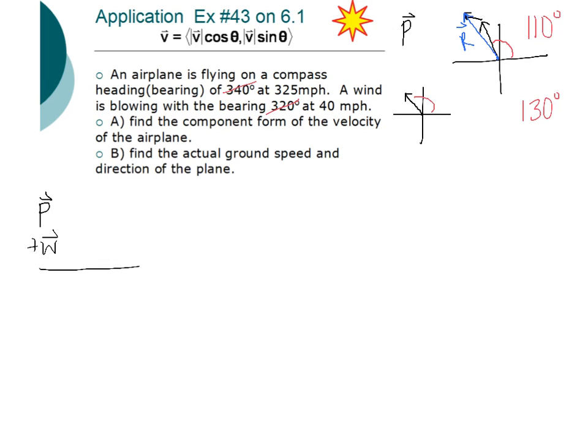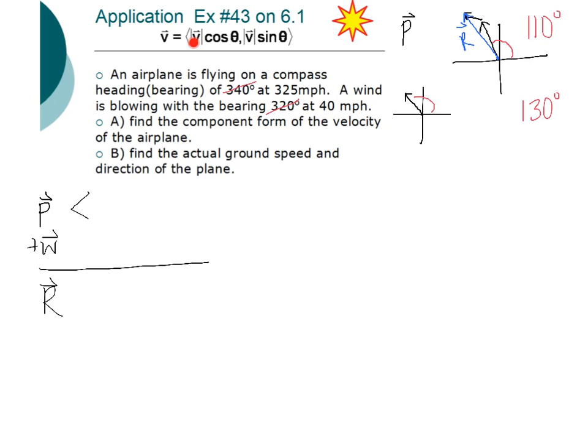When I add the two vectors together, I'm going to have my resultant vector, and that's what I want. The trick now is to write the plane vector like we learned how to write vectors using the information they give us, in component form. We just throw the math in there as the component form.